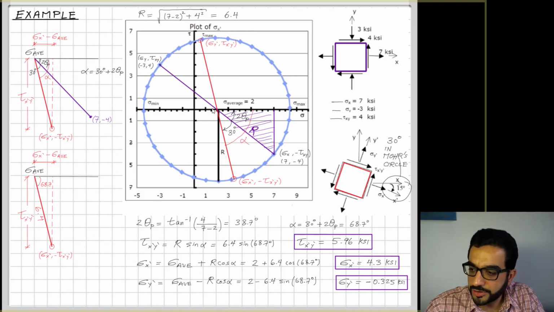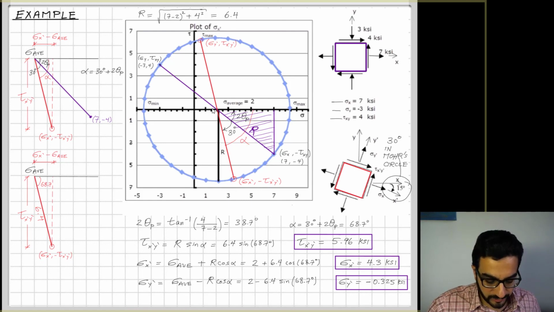So sigma y changed to sigma y prime, from 3 compression to 0.325 compression. Sigma x changed from tension 7 to a lesser value of 4.3, and the shear stress increased from 4 to a still positive value of 5.96.